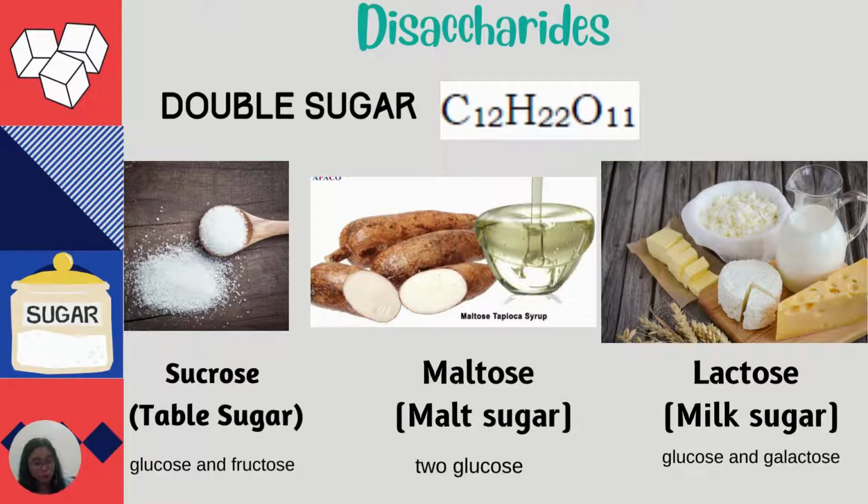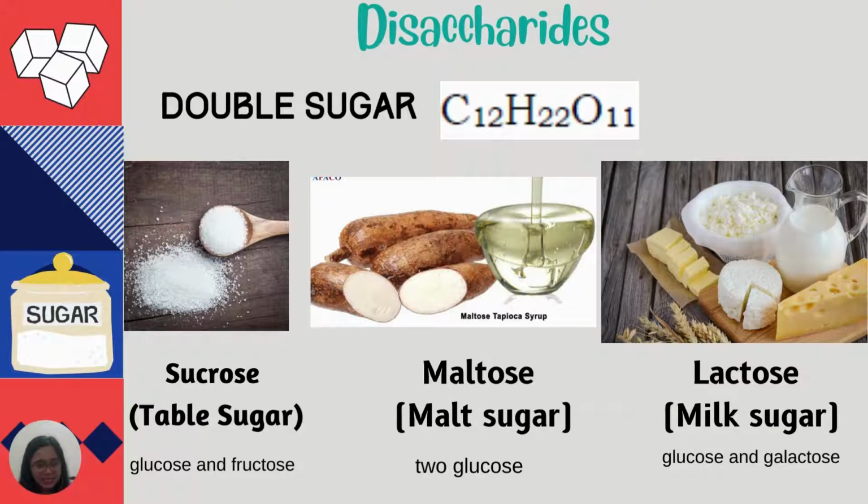So, yun naman yung kinumbine to form a lactose. A disaccharide can be broken down into simple sugars by heating it with acids or treating it with suitable enzymes. So, yung double sugars natin can be broken down into the mono ones.